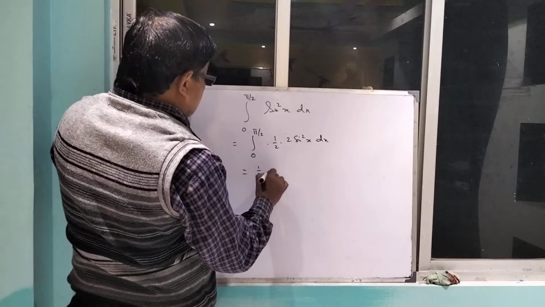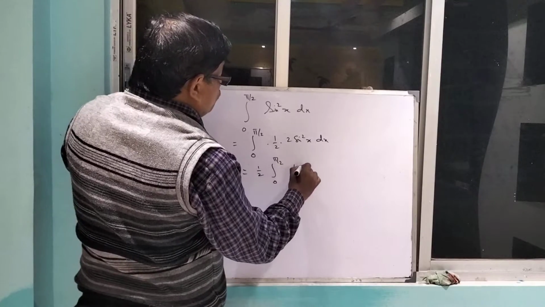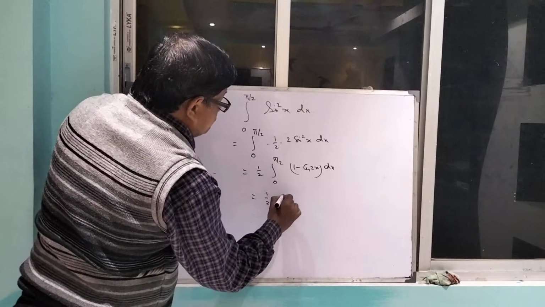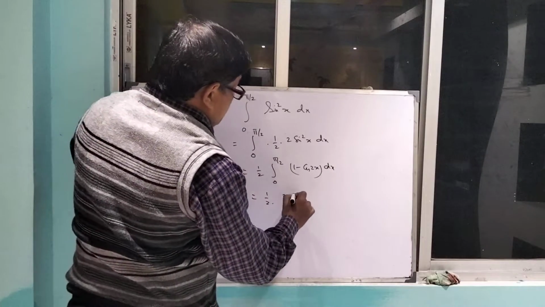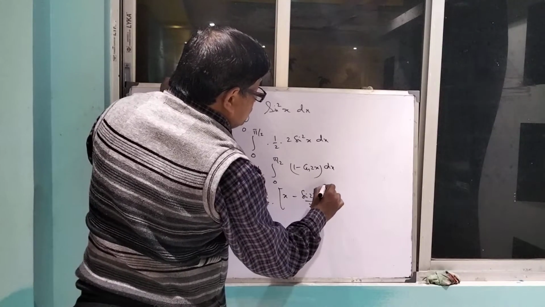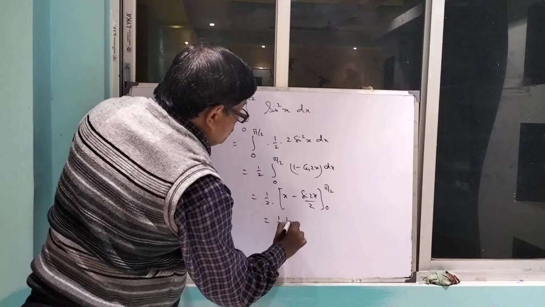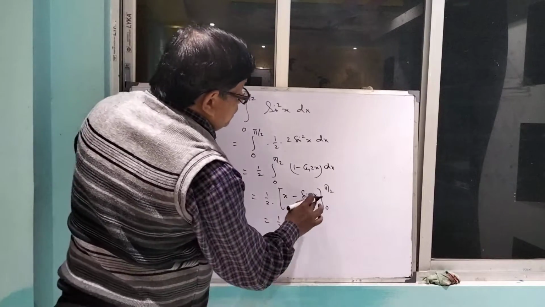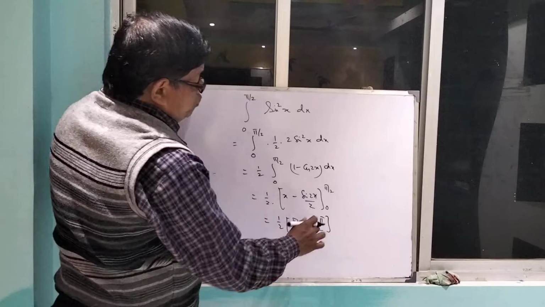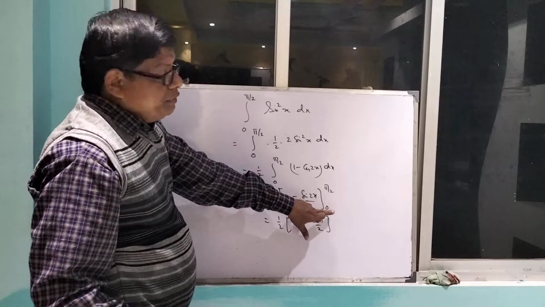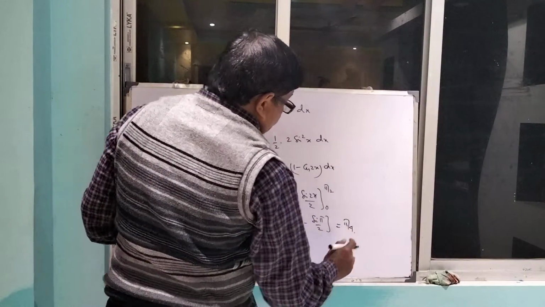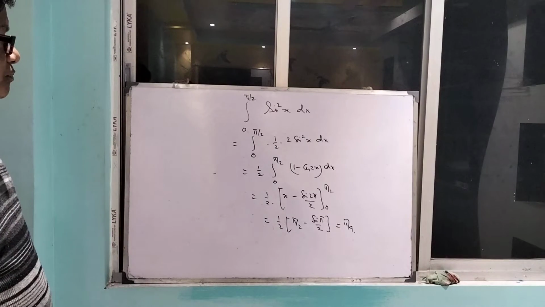Now write half outside, 0 to pi by 2, 1 minus cos 2x dx. Okay, so write half, x minus sine 2x by 2, 0 to pi by 2. So half of pi by 2 minus sine 2 pi by 2, that is sine pi. At 0 the value will be 0. If you put lower limit, the value will be 0. Okay, so answer will be pi by 4. Understood?